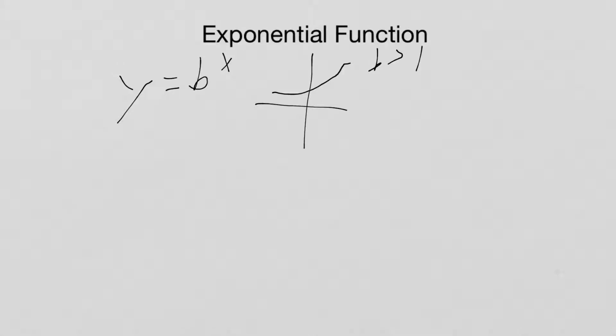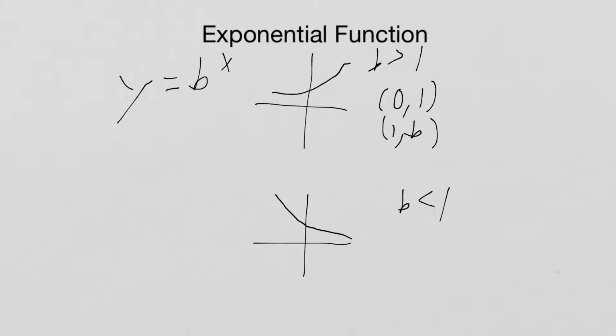And remember that we know that it runs through these 2 points, (0, 1) and (1, b). And then for b less than 1, we know it looks something like this. And again, we know it runs through (0, 1) and (1, b).